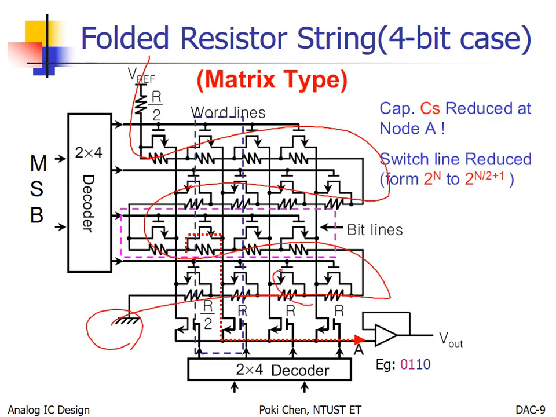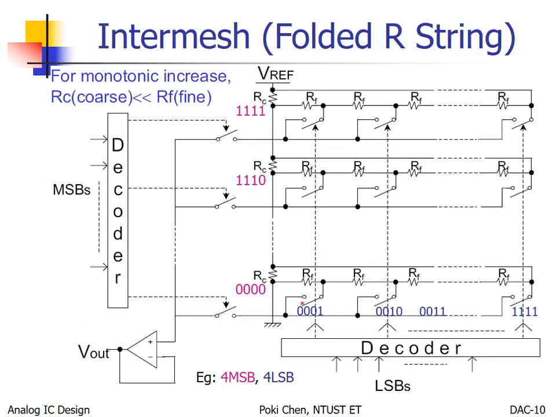Each resistor, if the resistance is changed, you will have impact on all the others. So how to make the resistance not have impact on all the others? This is a very good solution. We call it intermesh.